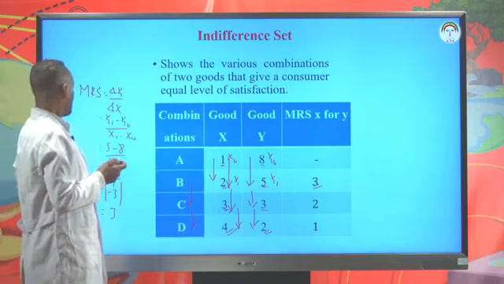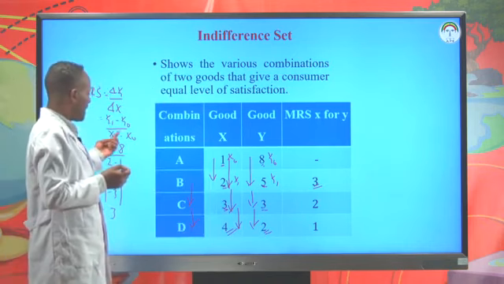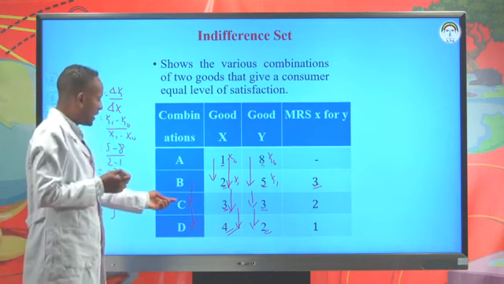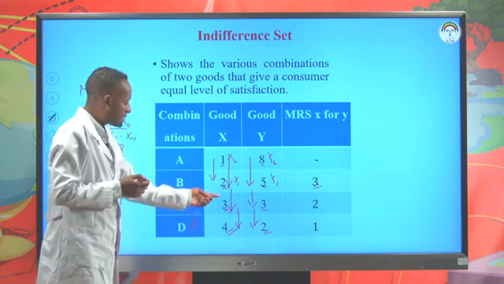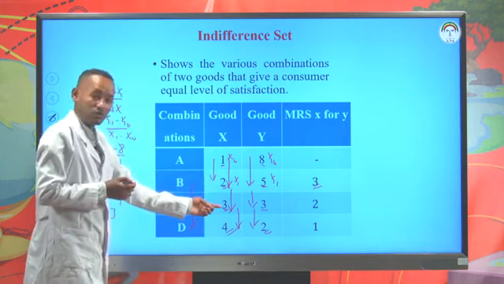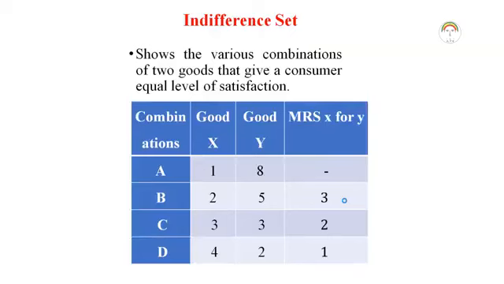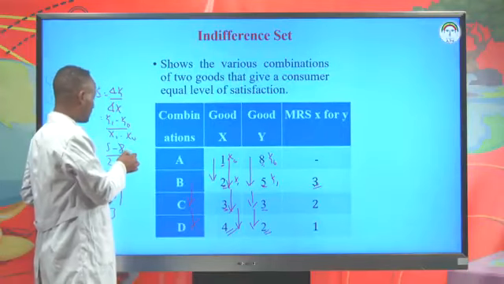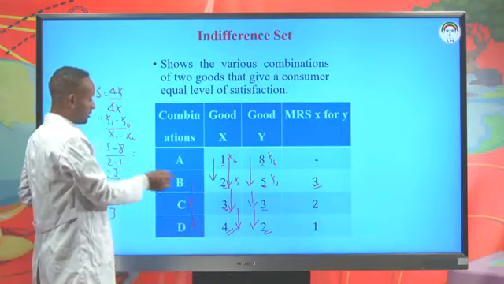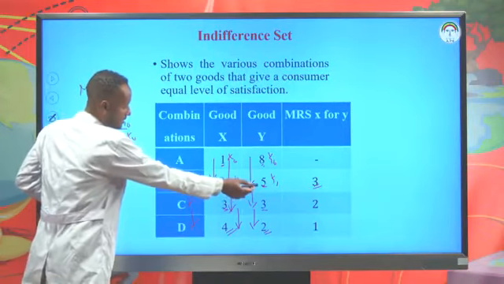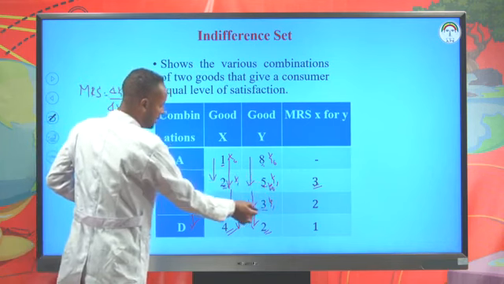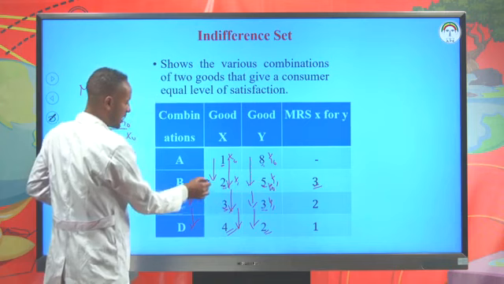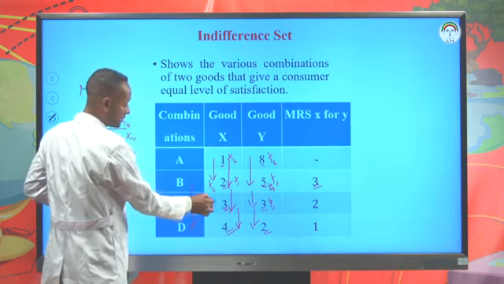Again, when we come across from combination B to C, if the satisfaction that we get from 2 units of X and 5 units of Y is equal to that of 3 units of X and 3 units of Y, then the marginal rate of substitution will be, let's take this 5 as Y initial and this 3 as Y final, and let's take this 2 as X initial and this 3 as X final.